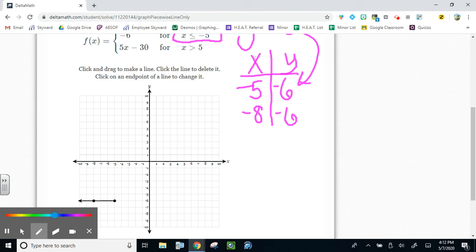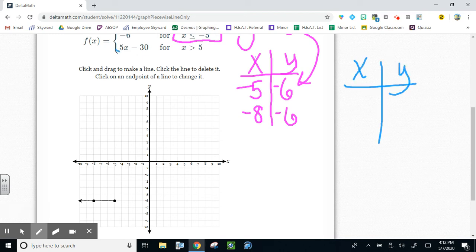So let's see here. I'll just do one more real quick. This is for our second graph, the 5x minus 30. And it says for anything where x is greater than 5. So I'm going to use 5 just because that's the number they gave me. And then I need something greater than 5. So I'm going to use, I don't know, 7.